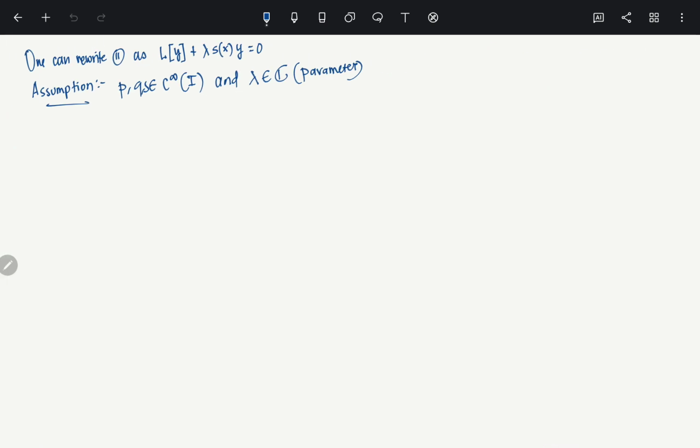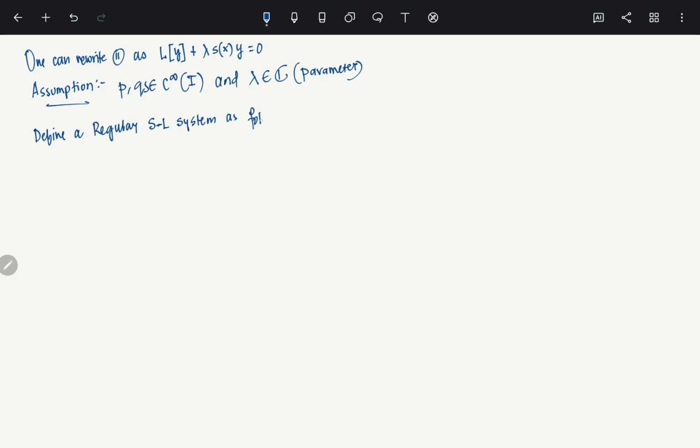So we'll define a regular Sturm-Liouville system. I don't want to write Sturm-Liouville all the time, so I will write it as SL, regular SL system, as follows.